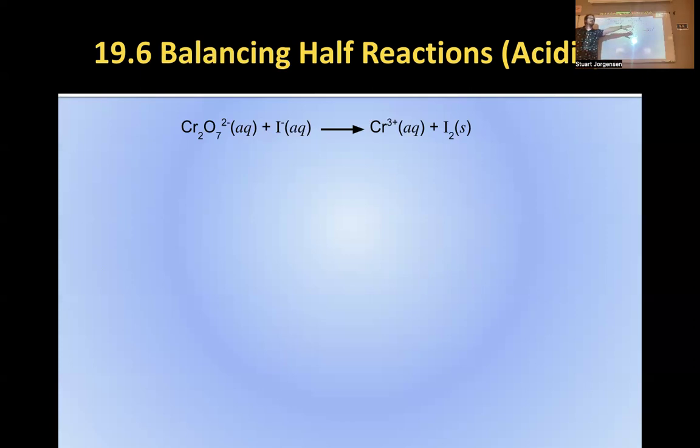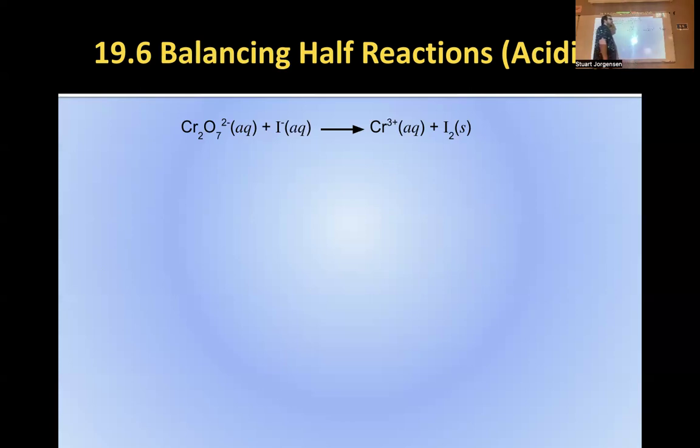Whole bunch of hydrogen, H+, and H+ and O's will make water. So we're going to get rid of these O's using water. How many waters am I going to need to balance these O's? 7 O's, which means I'm going to make 7 waters.